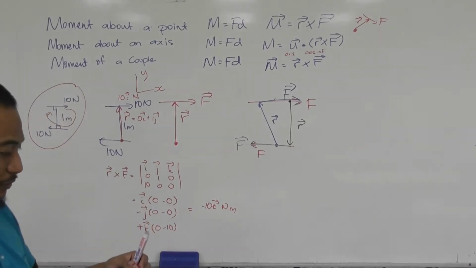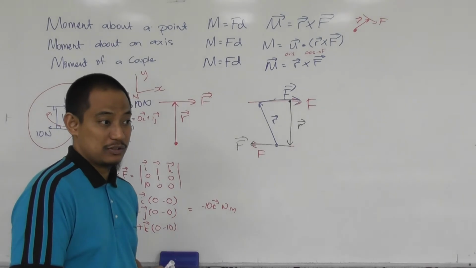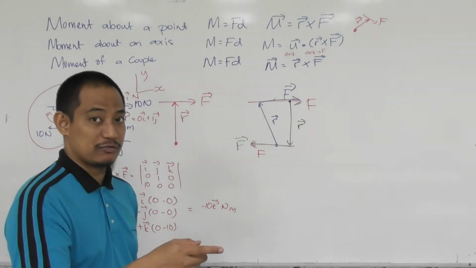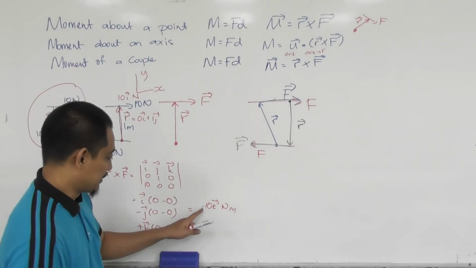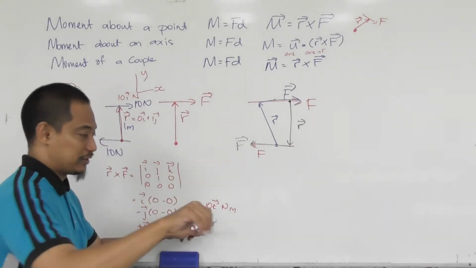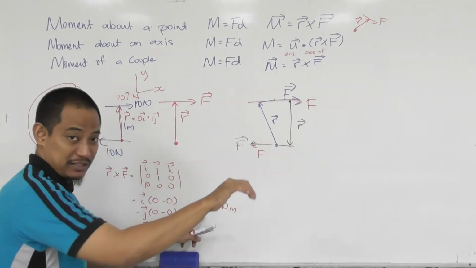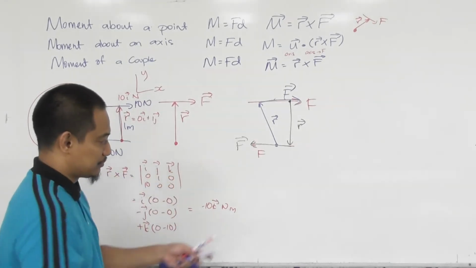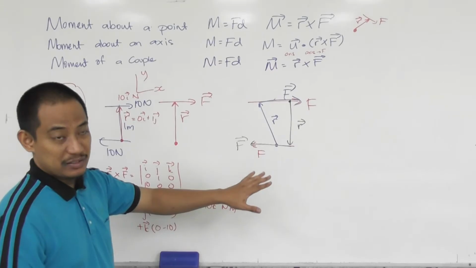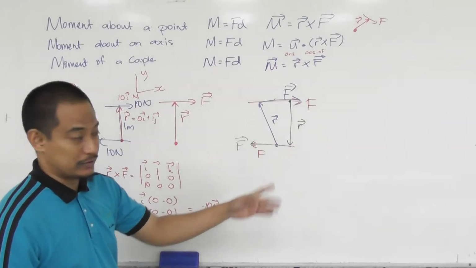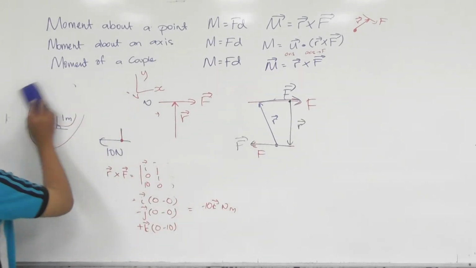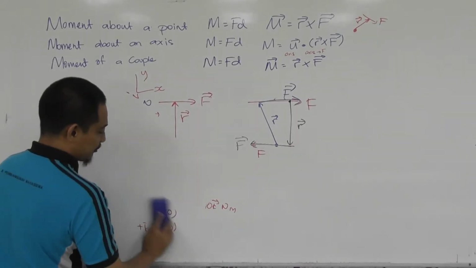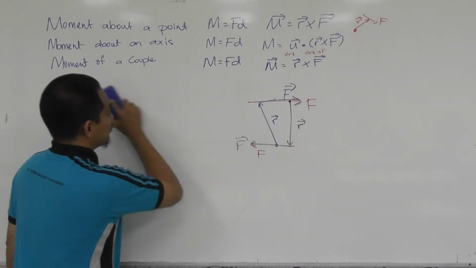And that is exactly what we have calculated just now, which is 10 Newton meter clockwise. So this negative k means that your thumb is going into the negative k, and then the rotation is clockwise, as we have discussed before, which I have already erased. The answer is 10 Newton meter clockwise. So the answer should be the same anyway. Right, so that's an illustration of how to apply this equation.